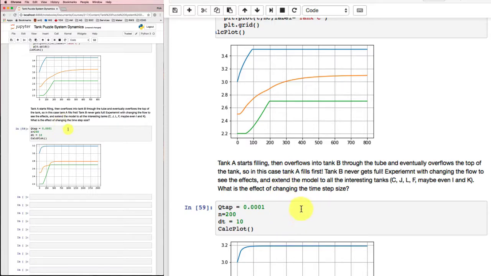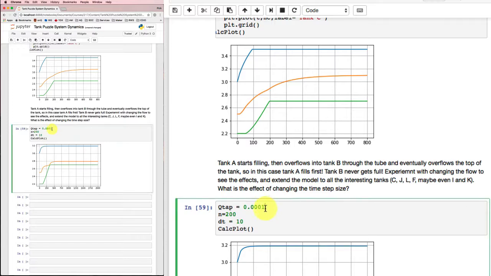So let's consider the case, for example, where the flow from the tap is way smaller. That was the case that we were doing in the original puzzle. We were assuming everything was happening slowly, and let's see if it gives us the kind of solution that the puzzle makers expected.